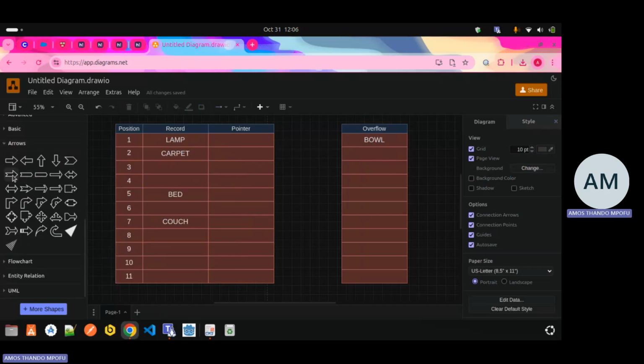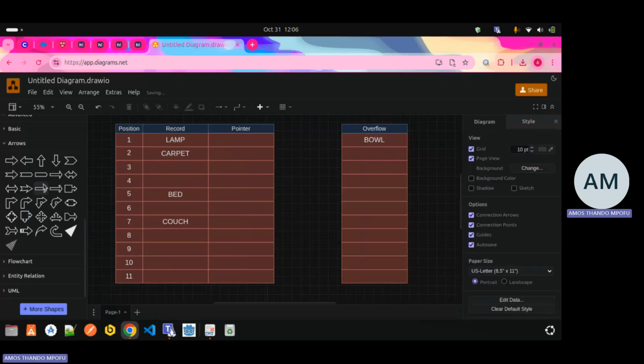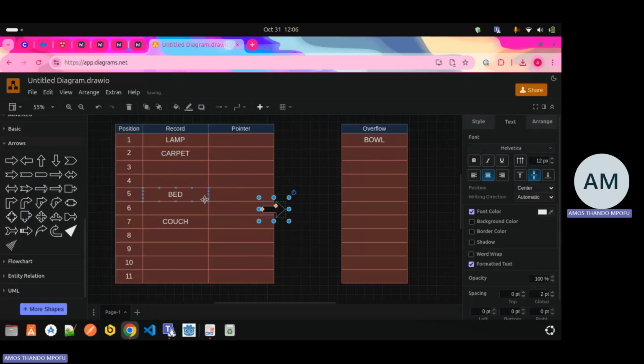So let me choose an arrow to use. So I'll choose an arrow. Why is it doing this now? So there's the arrow. I'm going to try to minimize it to make it a bit smaller. Okay, that's fine.